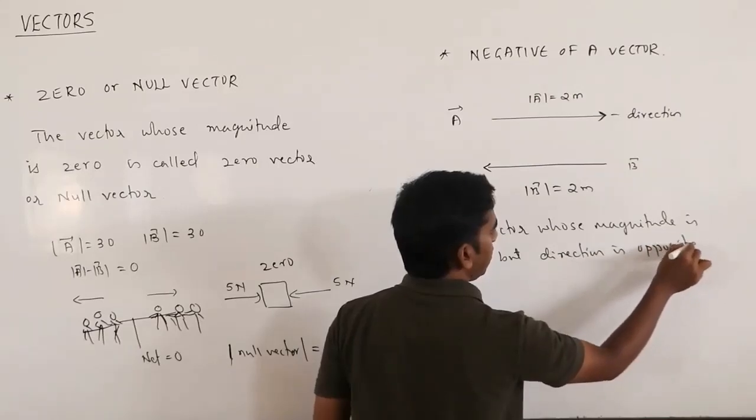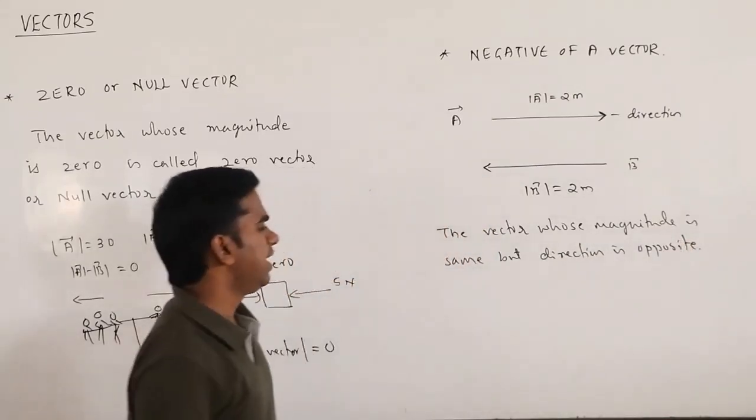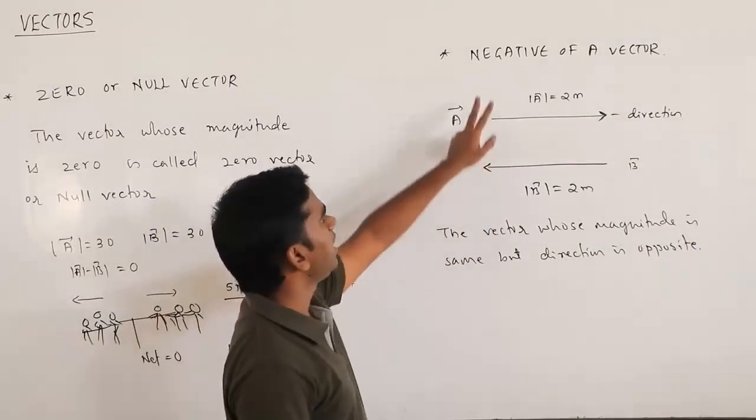Okay, so that kind of vector is called what? That kind of vector is called the negative of a vector.